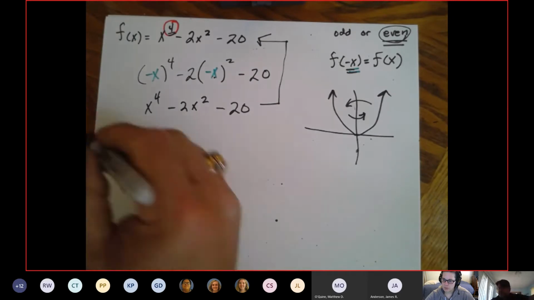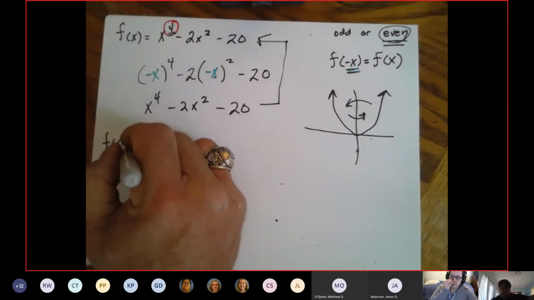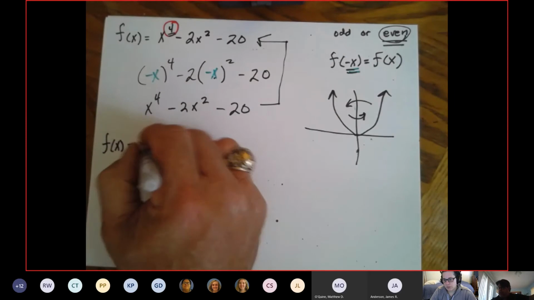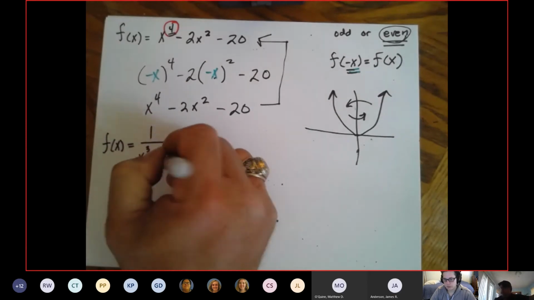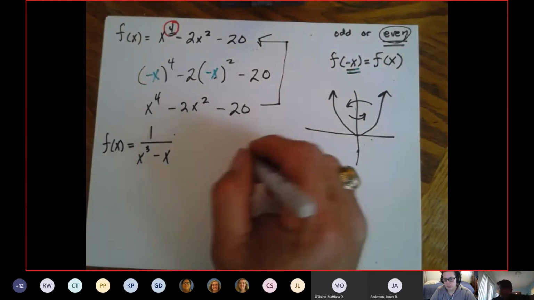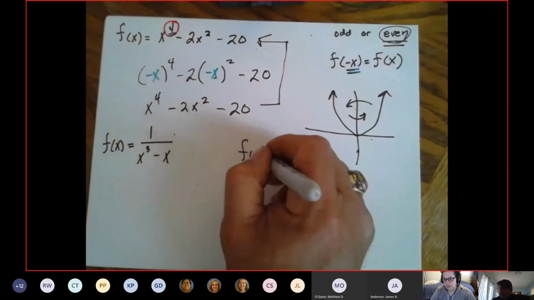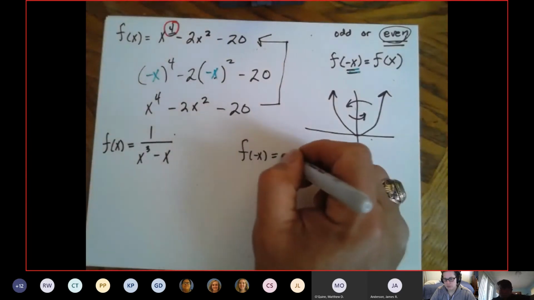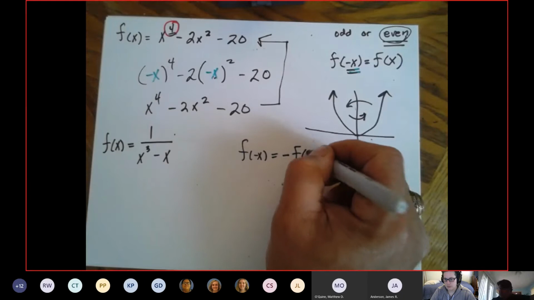f of x is equal to 1 over x cubed minus x. What is the formula for odd? f of negative x is equal to the negative of f of x.